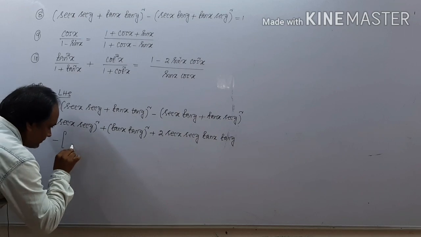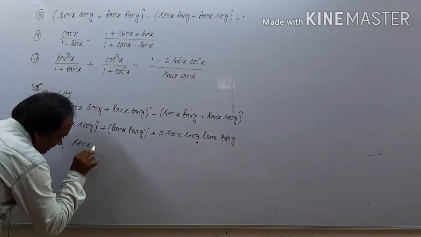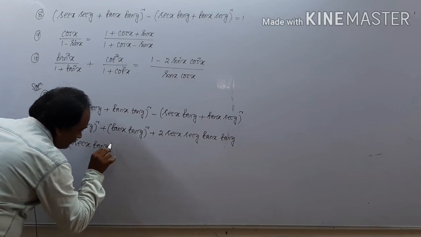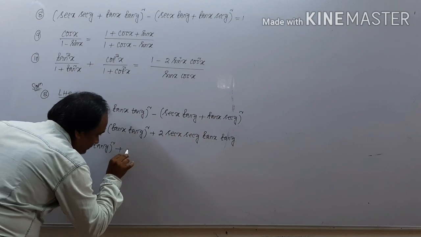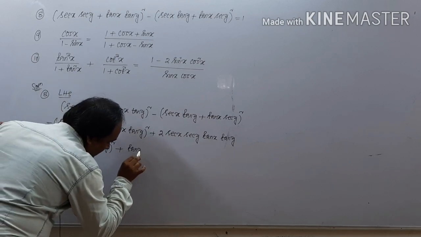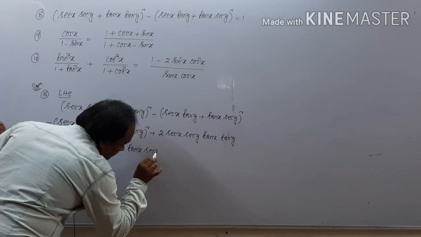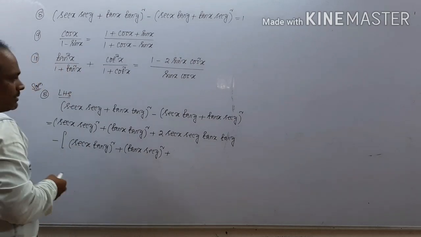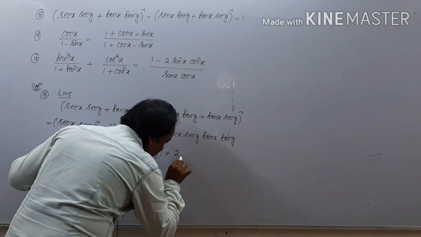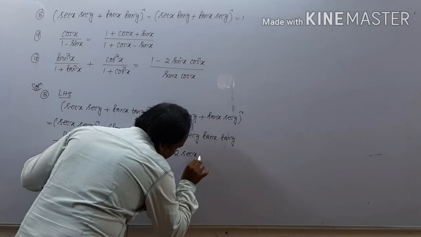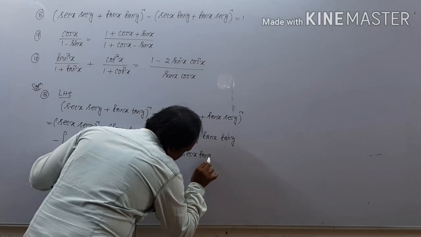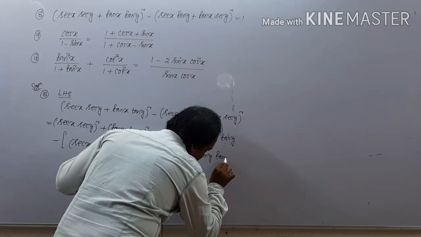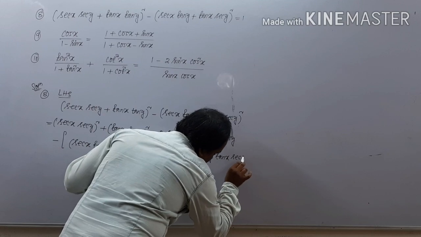So I will write (sec x tan y) whole square, right, plus (tan x sec y) whole square plus 2ab, that is 2 sec x tan y into tan x sec y, right.